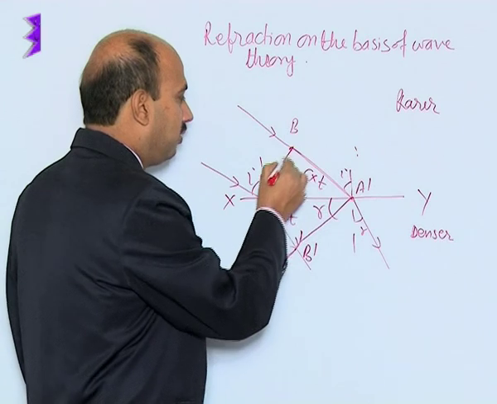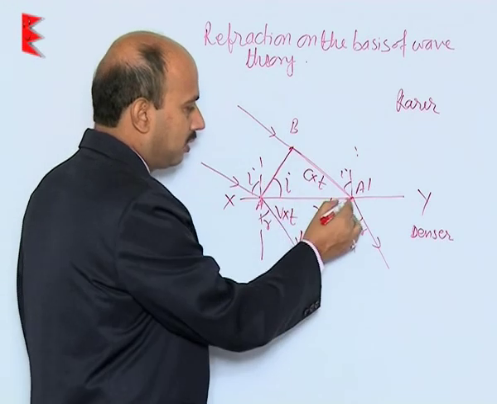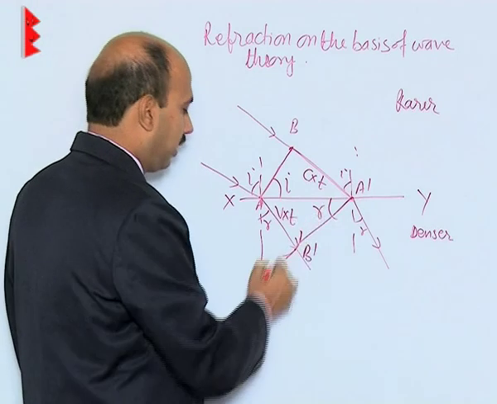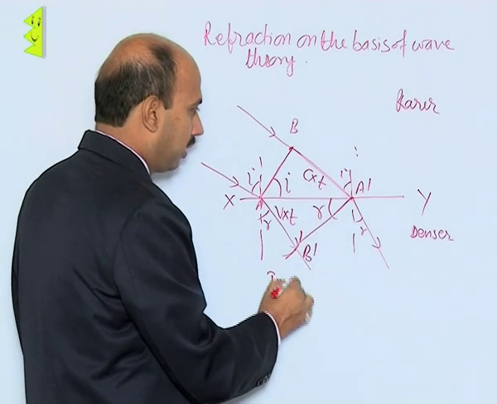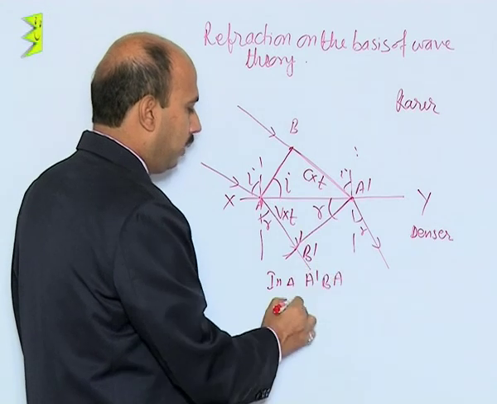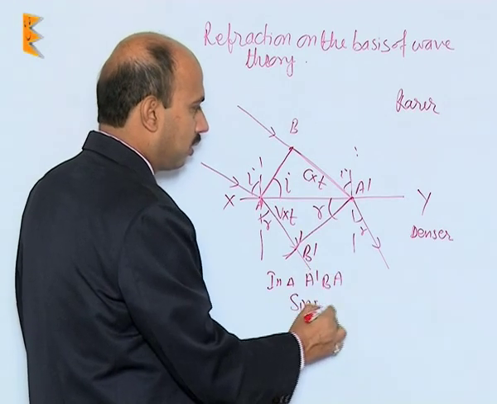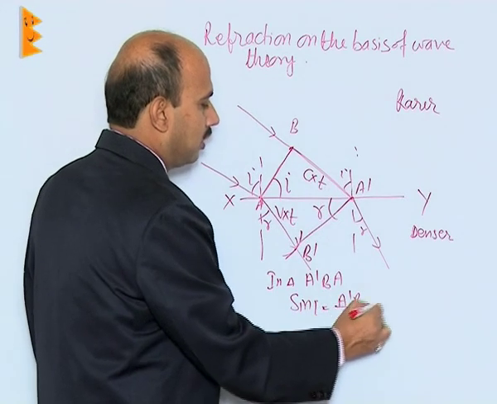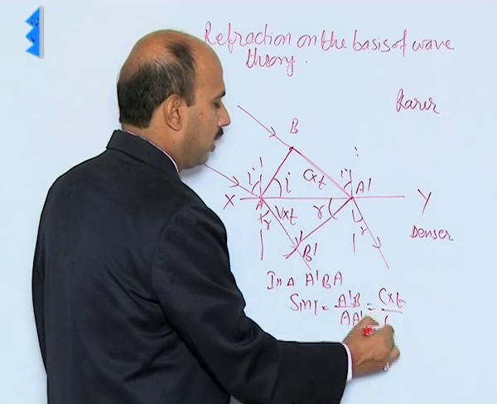This is the incident plane wavefront and this is the refracted plane wavefront. Now in triangle A dash BA, we can write sin i is equal to A dash B upon AA dash, that is c into t upon AA dash.